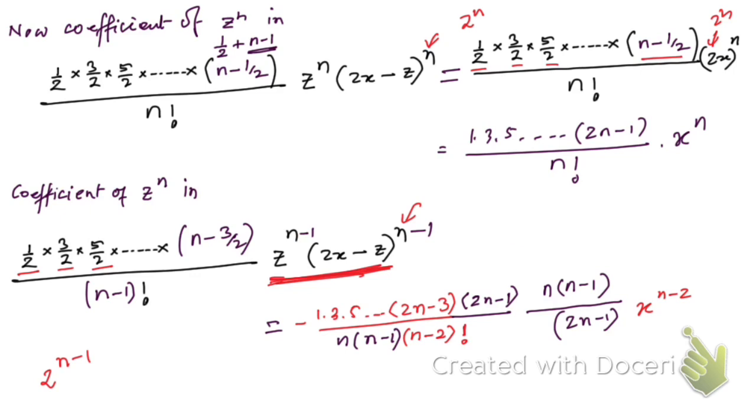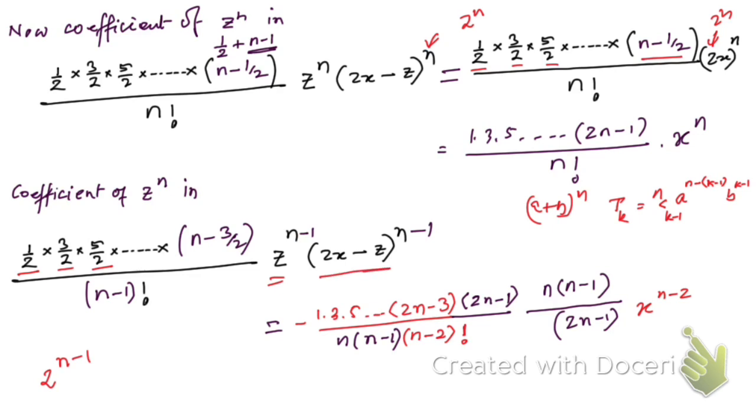Let me obtain the second term of this binomial expansion. As I have already shown you, in the expansion of a plus b whole to the power n, the kth term tk is given by n c k minus 1 into a to the power n minus k minus 1 into b to the power k minus 1.